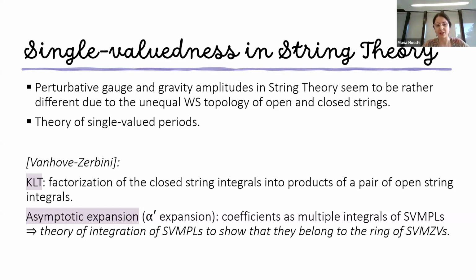So here I was insisting on how single valuedness emerges. In flat space, you need to go to loop level to get multi-valued things. So you have these transcendental things, while in string theory, as we were saying, the tree level already shows the transcendental functions. But indeed, at tree level, you have single valuedness, but at loop level, that will not be preserved in general.